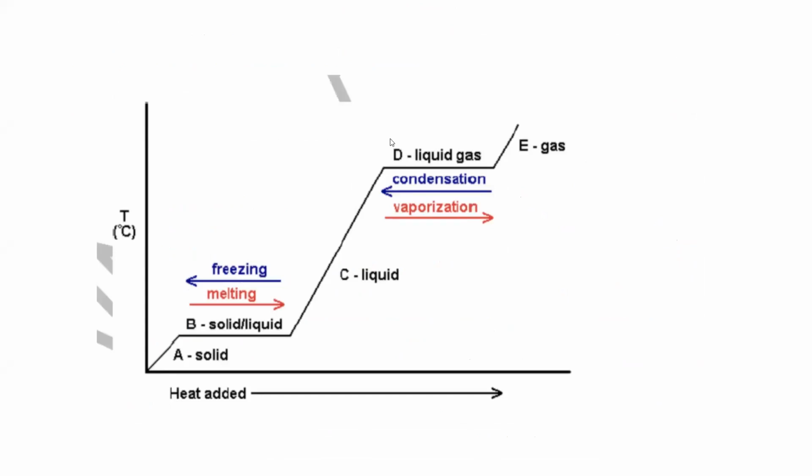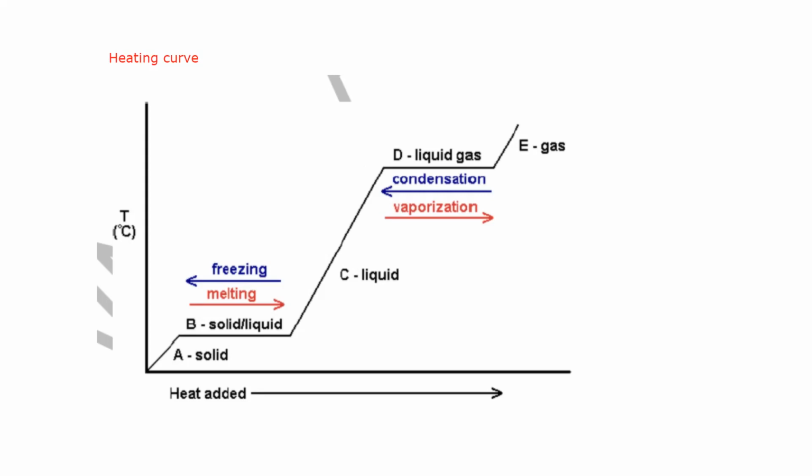Then we have a heating curve. This is called a heating curve. A heating curve shows a relation between the temperature and time, and this graph shows a change in the state, how one state of matter changes to another state.